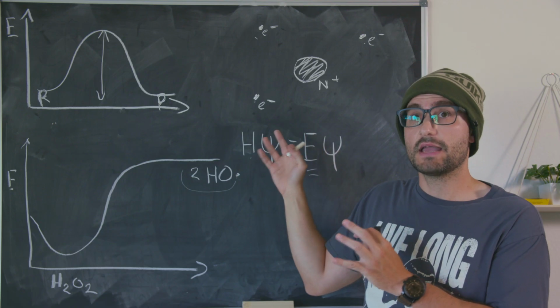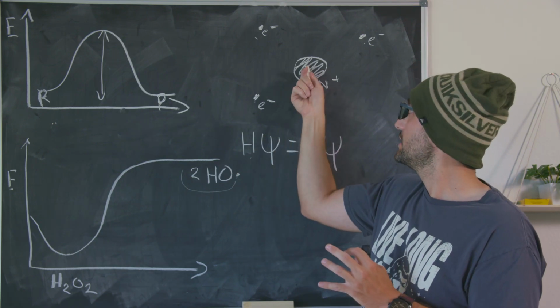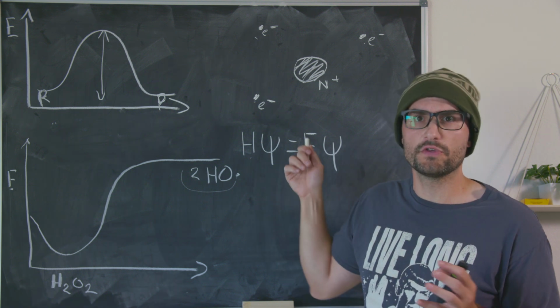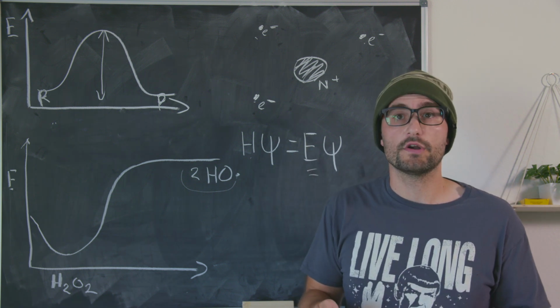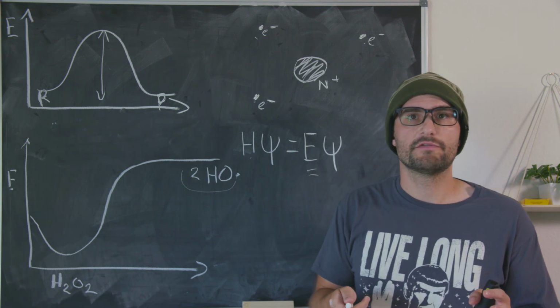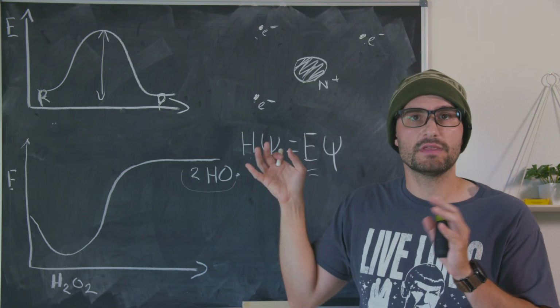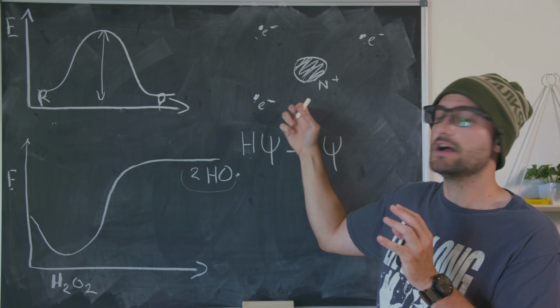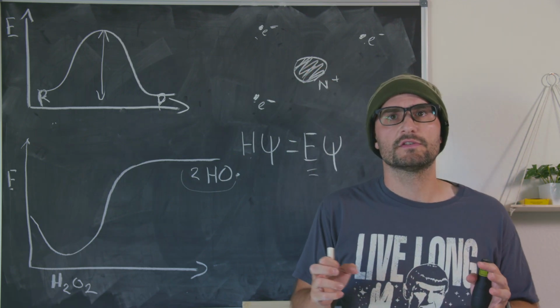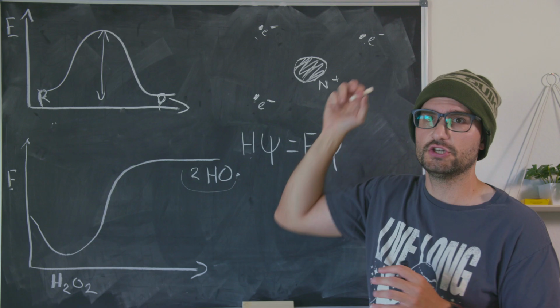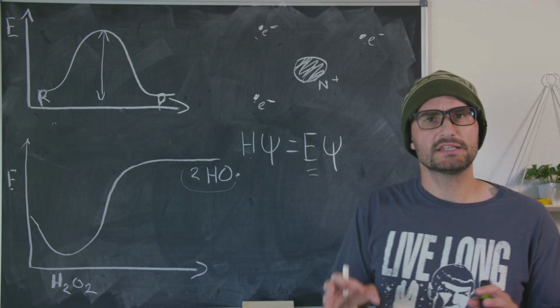Because this is an atom and there's only one nucleus, we can always center our frame of reference, our coordinate system, on the nucleus, so that we don't really have to worry about the kinetic energy of the nucleus. In simple terms, however the particles in the atom move, we can always assume the origin is on the nucleus, so we don't have to worry about that. We only have to worry about the kinetic energy of the electrons.